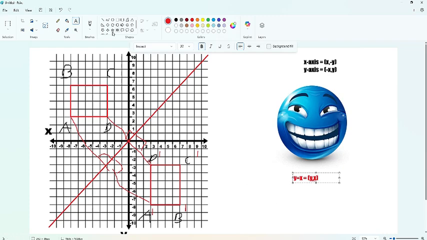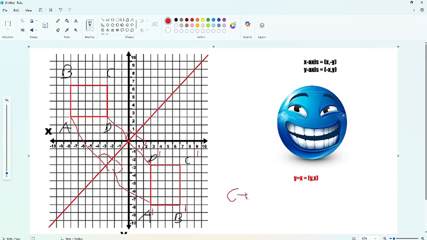You can see now, if A is negative 8, 3, and A prime is 3, negative 8, the y here turns into the x here, and the x here turns into the y here.